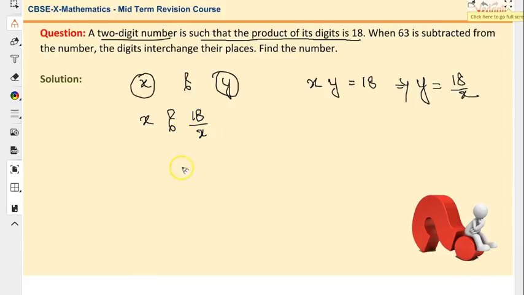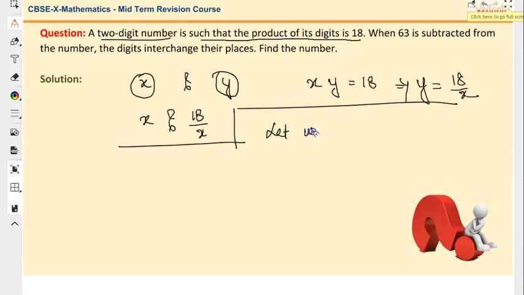Now, this is the most important step. Let us say the number is 10x plus y. Now in place of y, let me write 18 by x. So this is my original number.